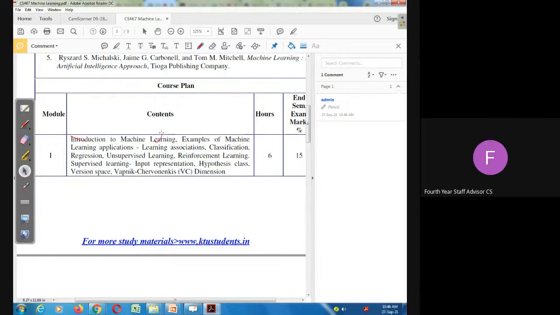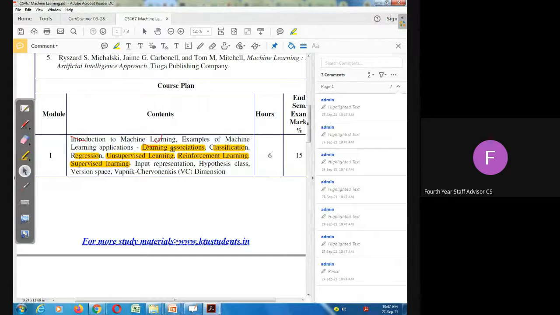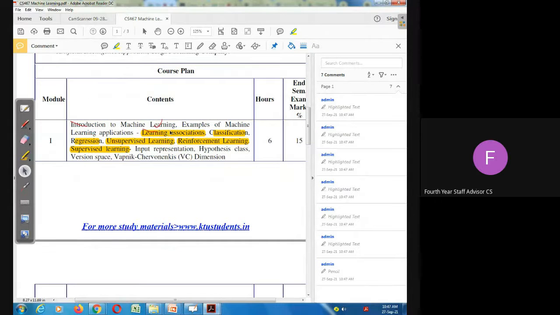We will give an introduction, then various applications: learning association, classification, regression, these are all different applications of machine learning. Then unsupervised learning, reinforcement learning, then supervised learning, etc. So in the first module we will start with some introduction.